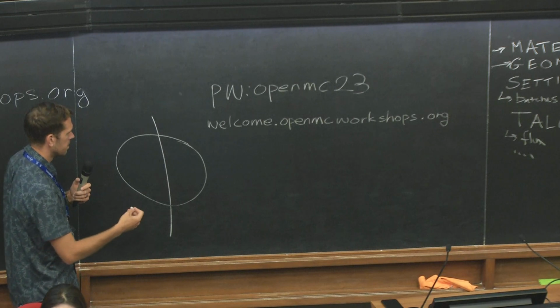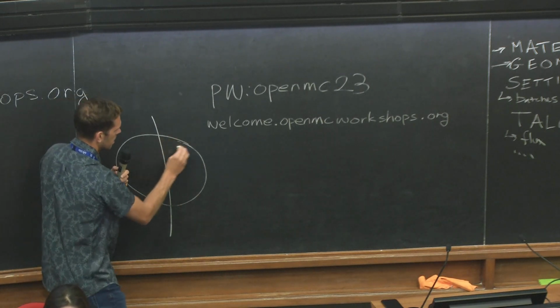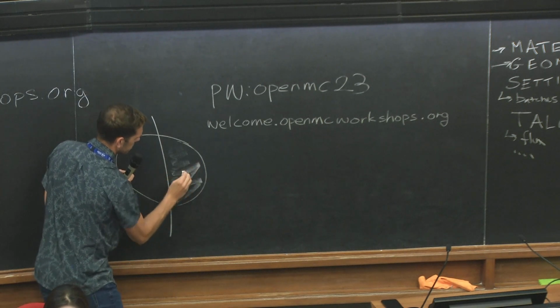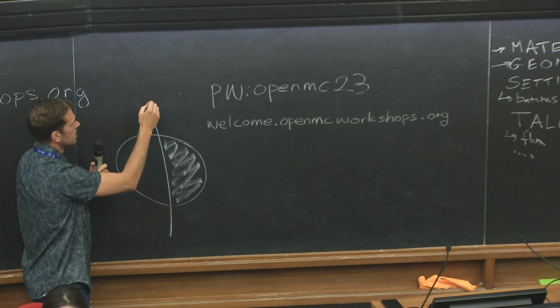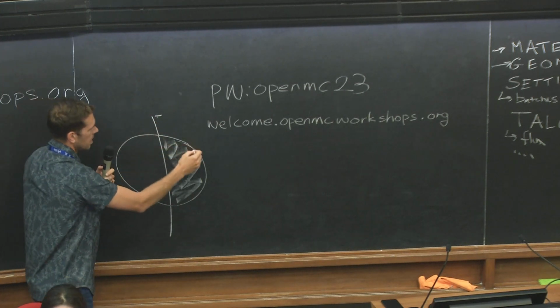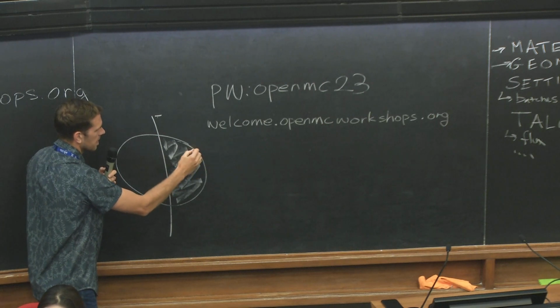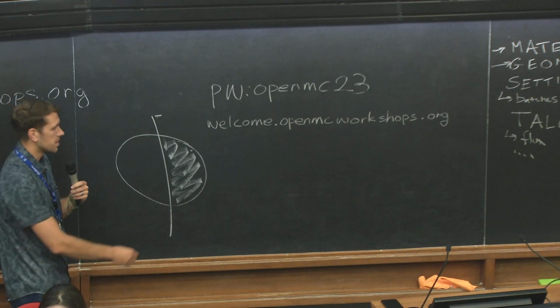So for example, if I wanted to model this section, then I would say that I'm on the positive side of this surface, and I am on the inside, or the negative side, of this cylinder. Okay, and that's how you would get this space.